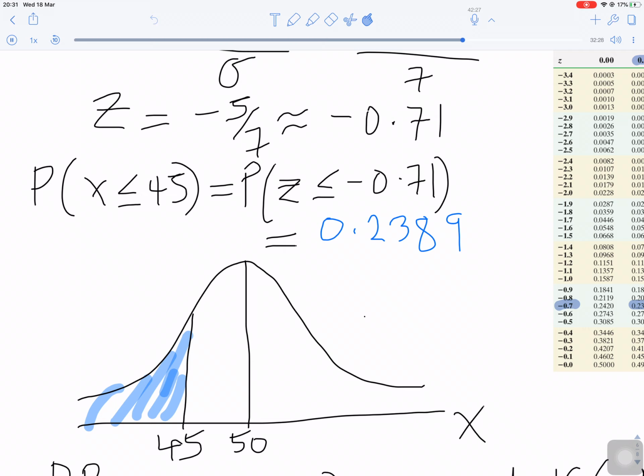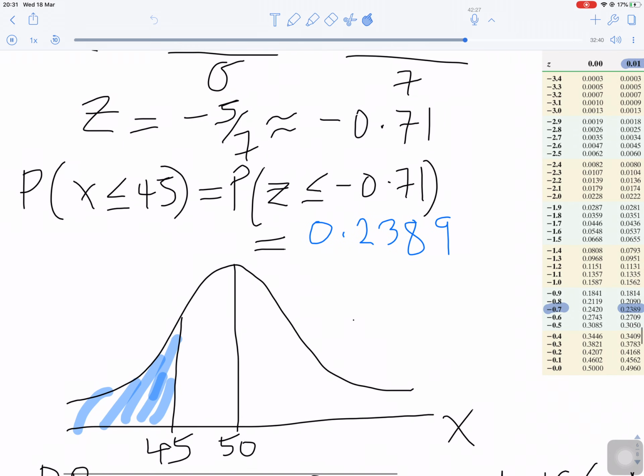So at this point, we can use the standard normal table to look for the area or the probability of the shaded region. With the graph sketched, the shaded region is to the left of 45, because x is less or equal to 45.